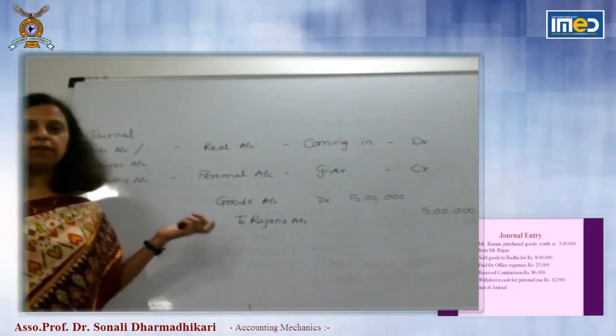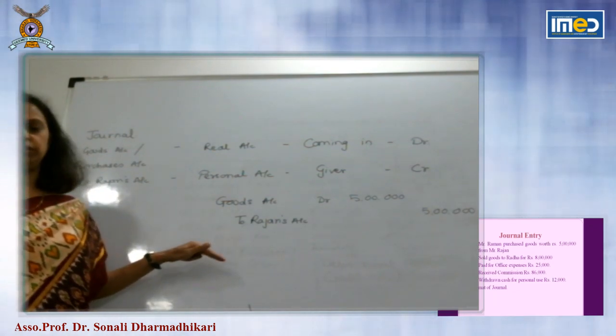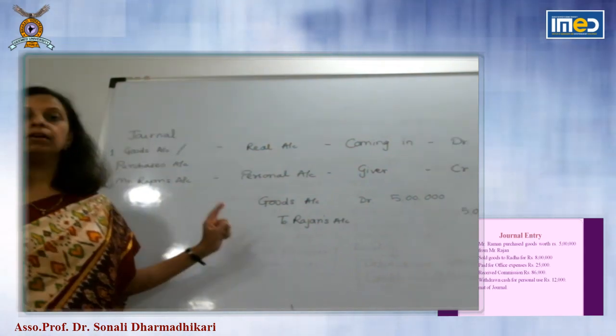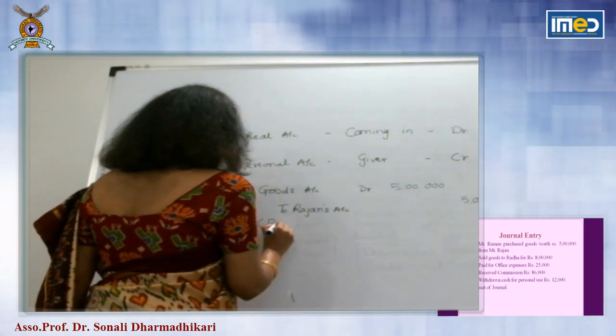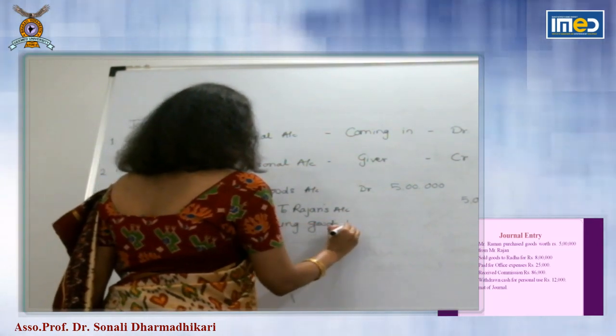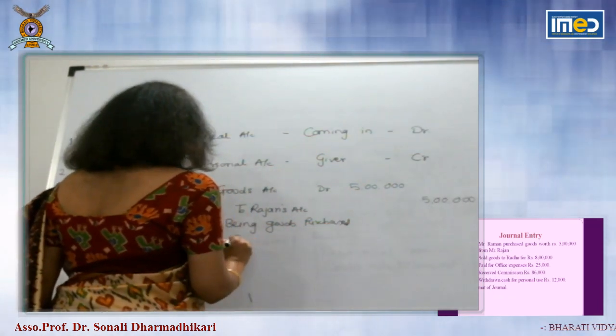Now for every transaction in the journal, you have to write a narration. Narration is the same transaction in brief. So the narration is written like this: being goods purchased from Rajan.